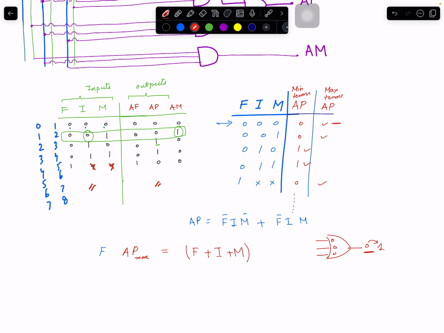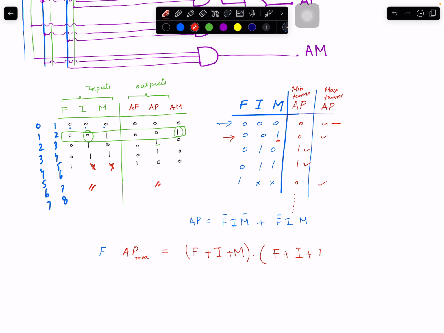What is the, I'm going down. There's an OR. Oh, I can remove that. Okay, what's the next one here? F, I 0. M is 1. Now we need to make it 0.